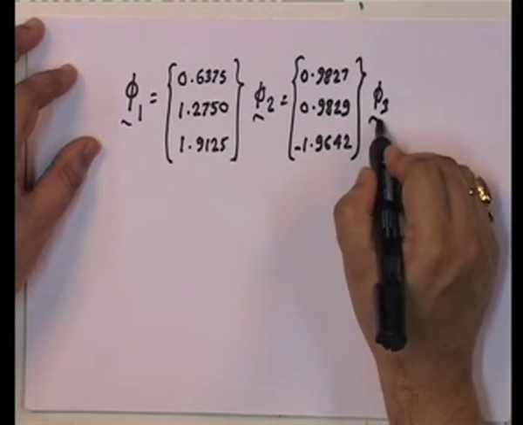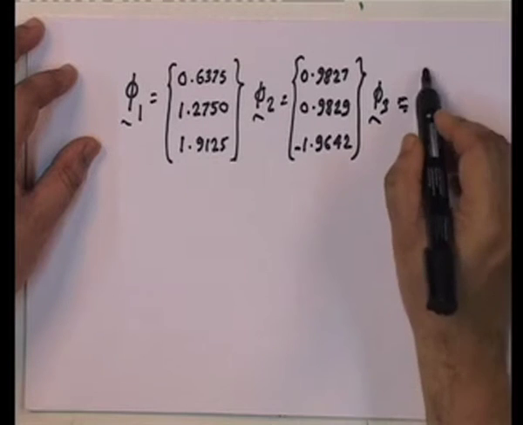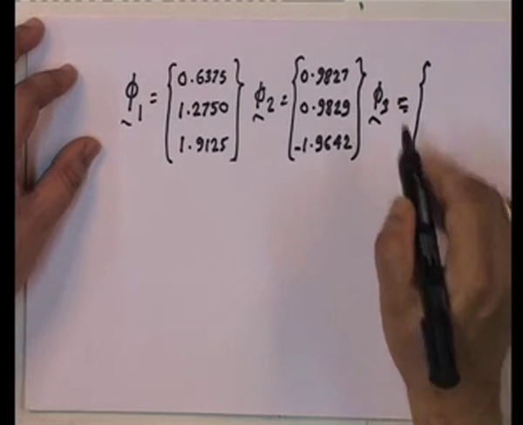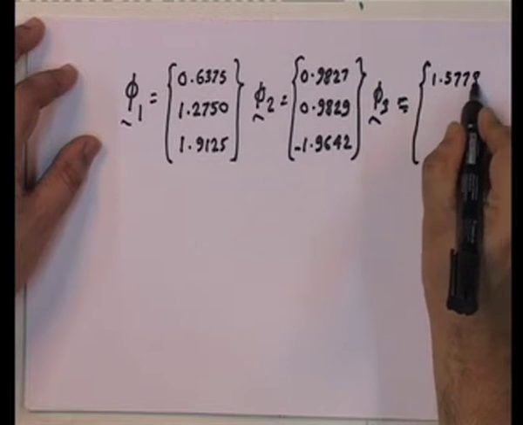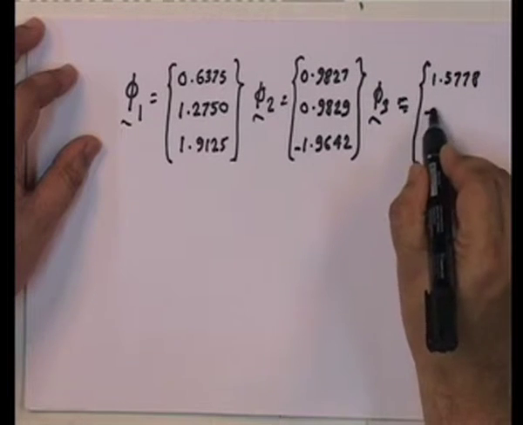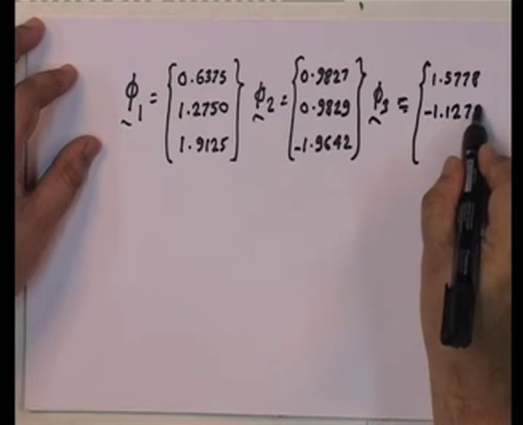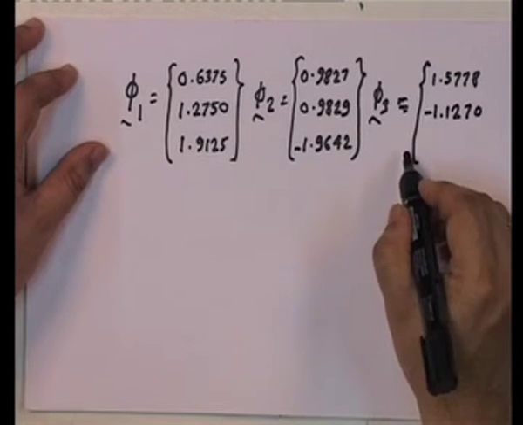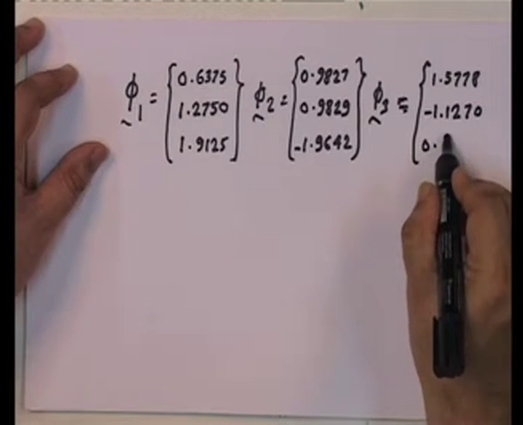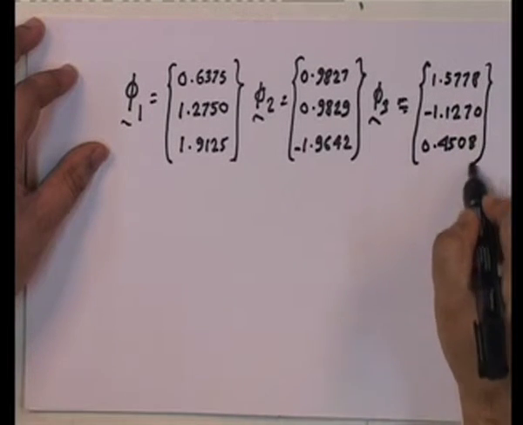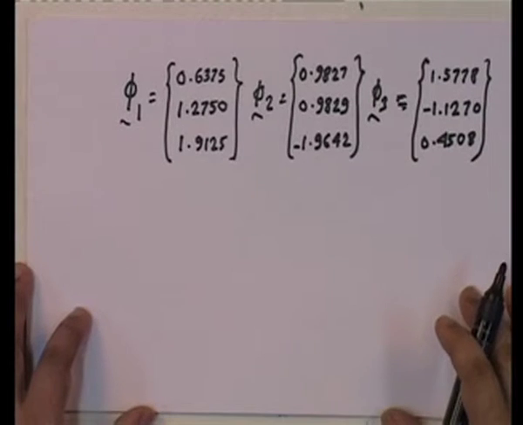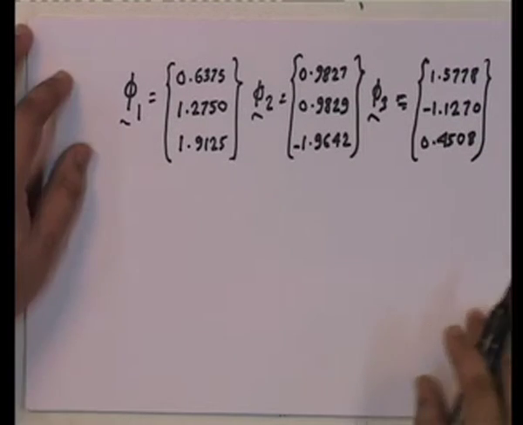Finally, the third vector. There are 3 degrees of freedom, so there are 3 vectors. The third vector is 1.5778, minus 1.1270, 0.4508. So, these are the 3 mode shapes.